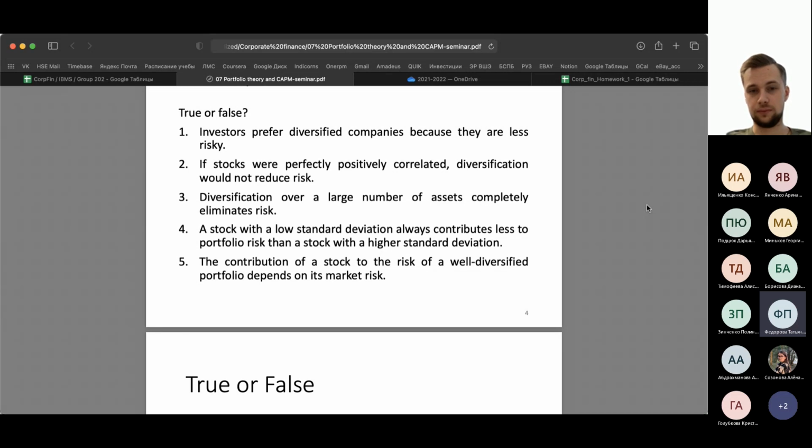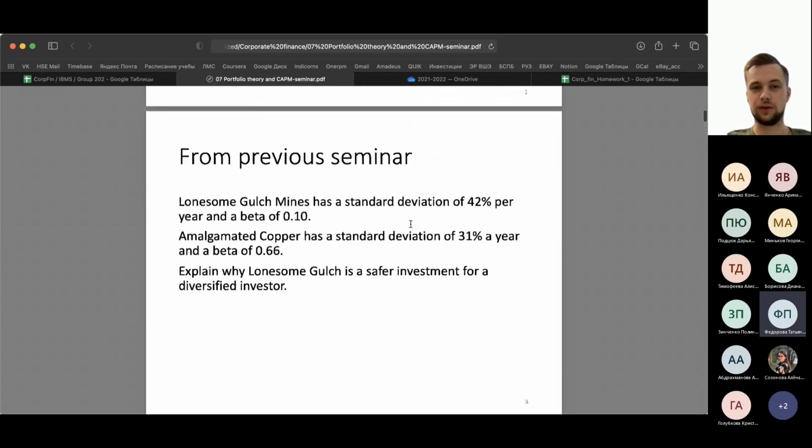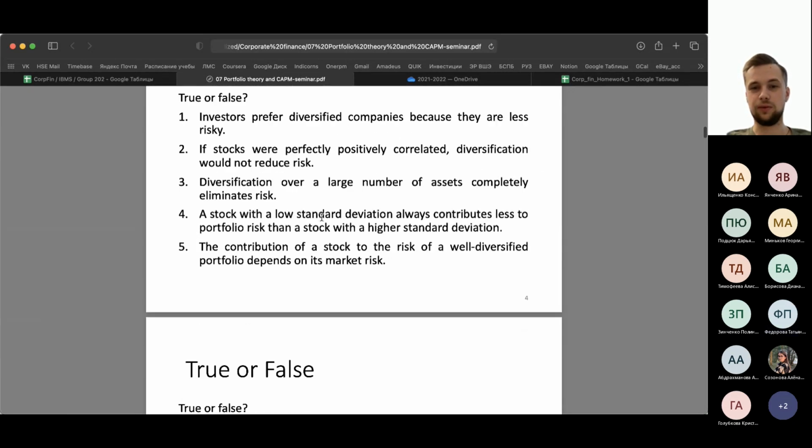So the risk of the portfolio will be approximately the market risk. Yeah, and if we, for example, add some stock to the portfolio, how will it contribute to the risk of the portfolio? We again look at the beta, and if the beta is high, probably the contribution will be higher. So it is again dependent on the market risk. Yes.